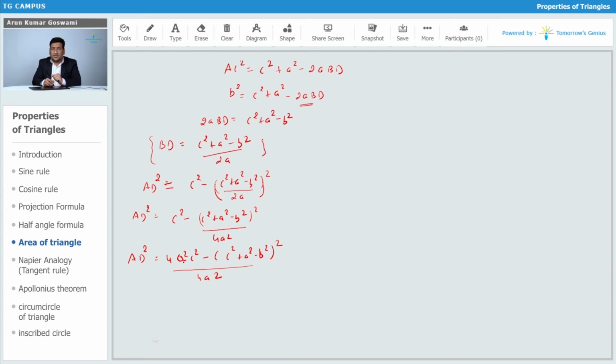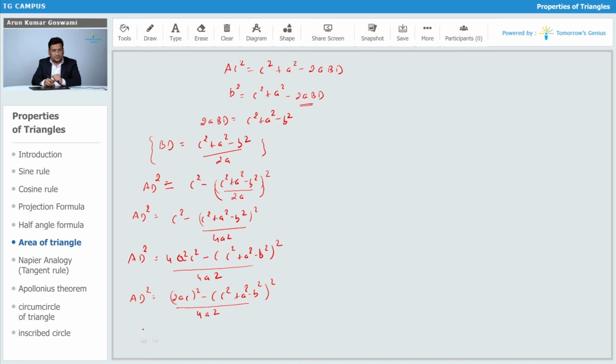Now this 4A square C square can be written as (2AC) whole square minus (C square plus A square minus B square) whole square, divided by 4A square.